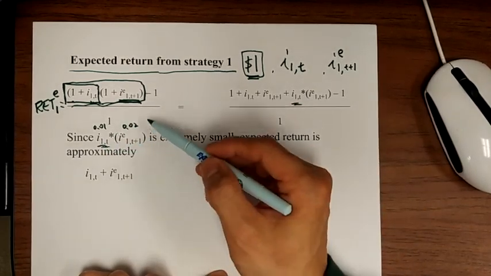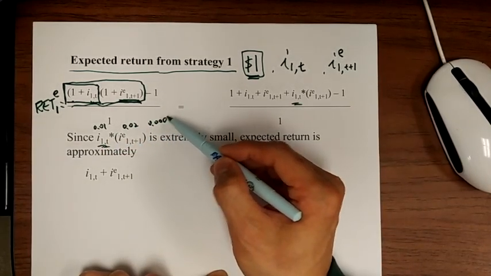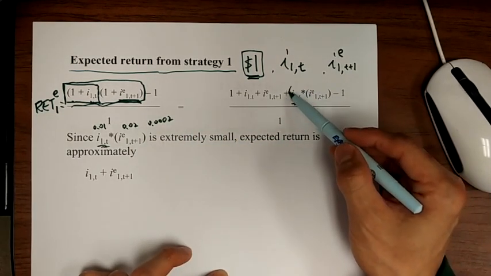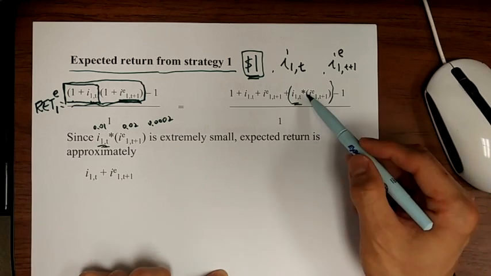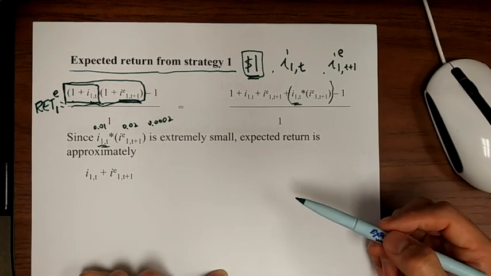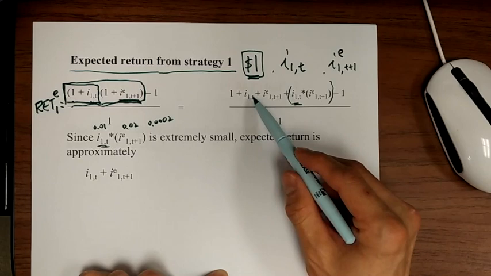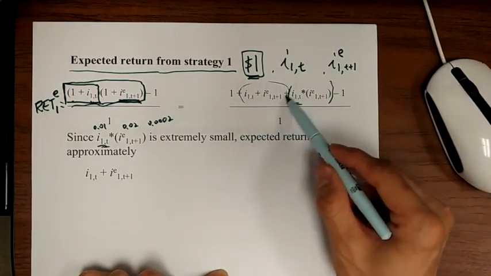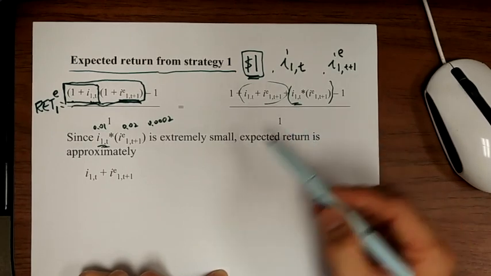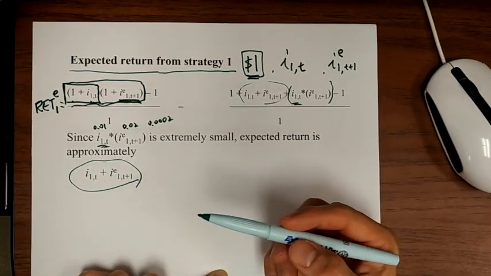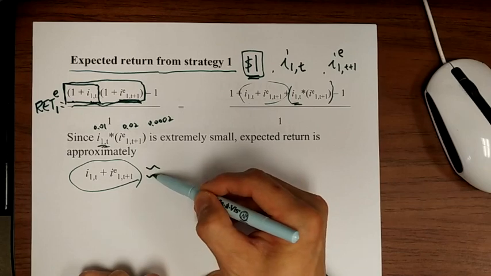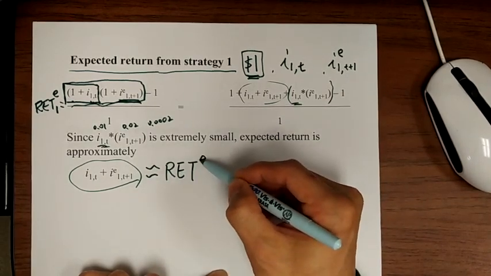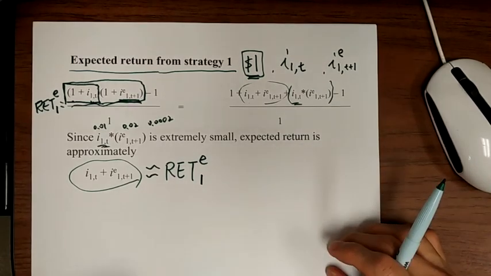Then when you multiply it out, it is going to be a very small number. Therefore, we can ignore this term. The result, this plus this minus 1, is equal to this, divided by 1. This is closer to the expected return of your strategy number 1.